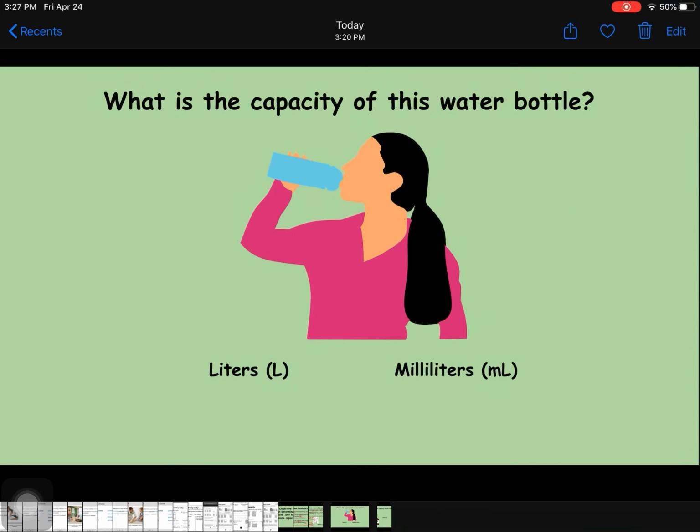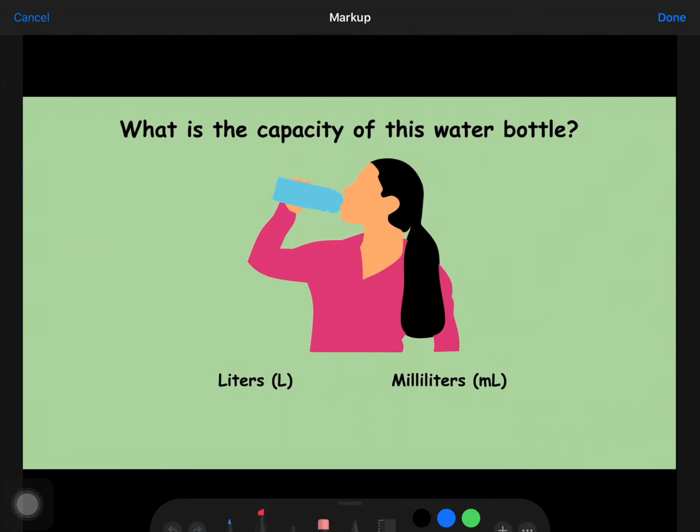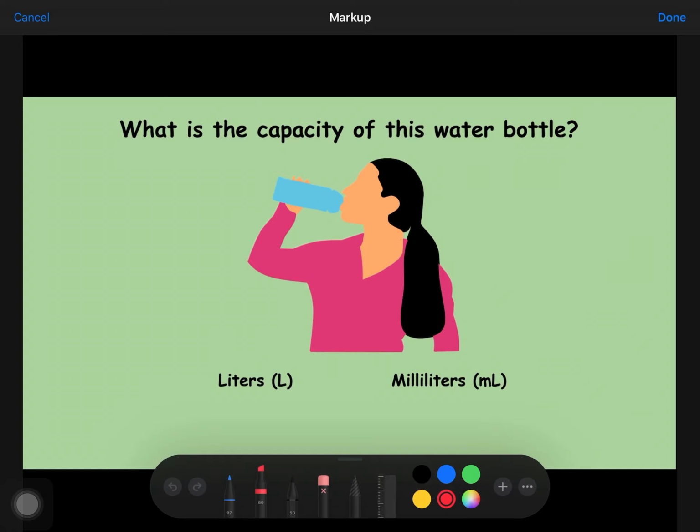So I'm going to say that this water bottle is a little bit smaller than that pitcher, and a little bit smaller than that soda bottle, but I don't think it's so small that I would use milliliters, because a teaspoon was milliliters, right? And a teaspoon is very small.